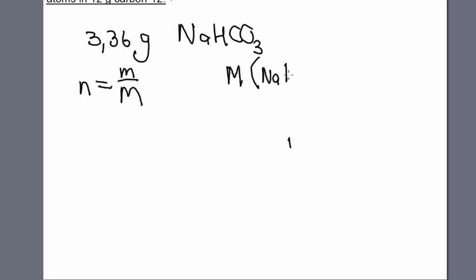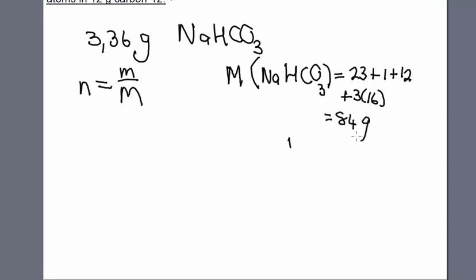When we go and use our periodic table, Na has a mass of 23, H has a mass of 1, carbon a mass of 12, and 3 oxygens, 3 times 16. Just check if my math is still up to scratch. 3 times 16, 48, plus 12, 60, 61, 64, 84. 84 grams per mole. That is my molar mass.